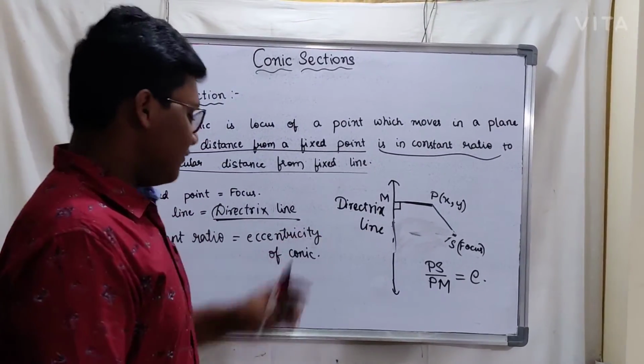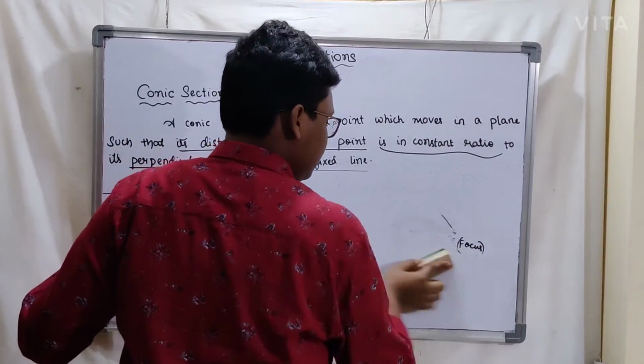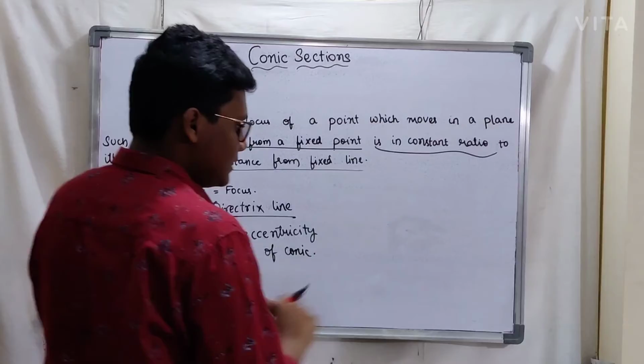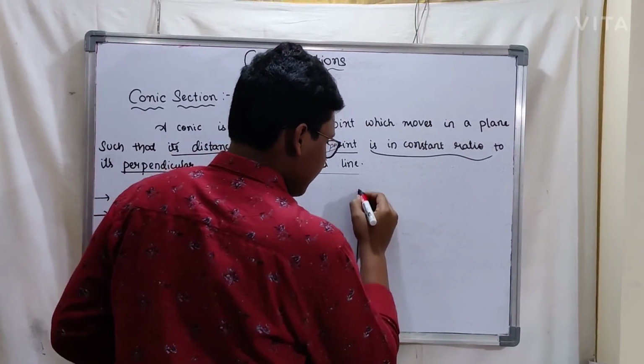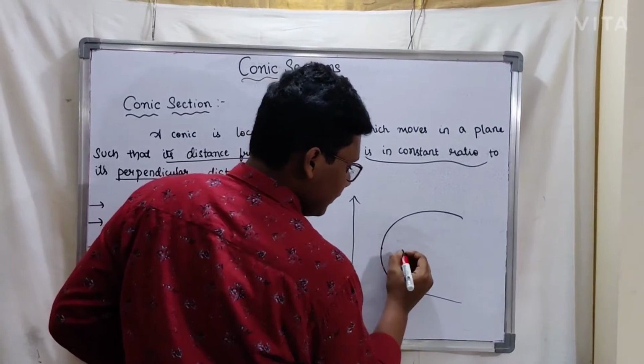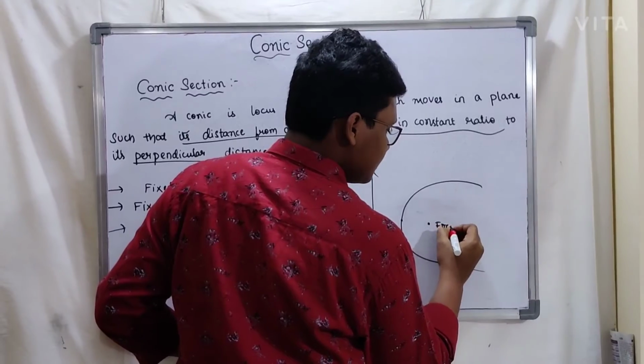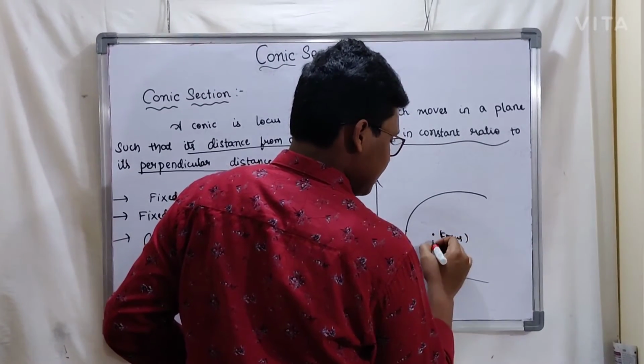And when a parabola is formed, if a parabola is there in this way, here will be the focus. We will take the focus here because we are not taking exact dimensions now.